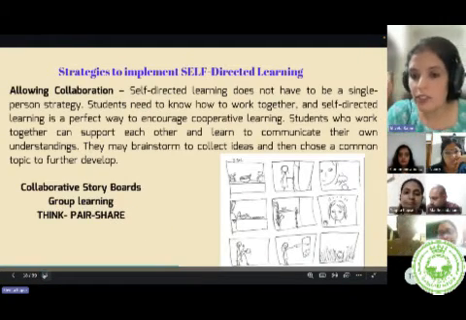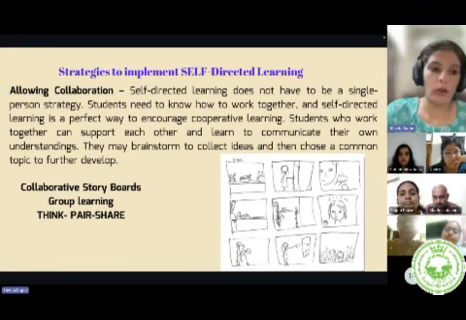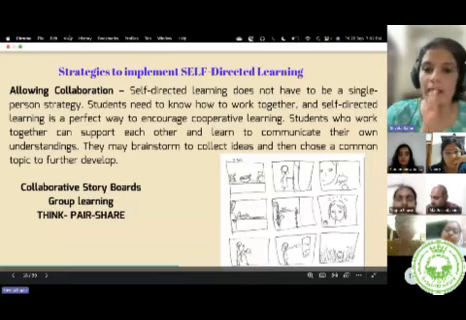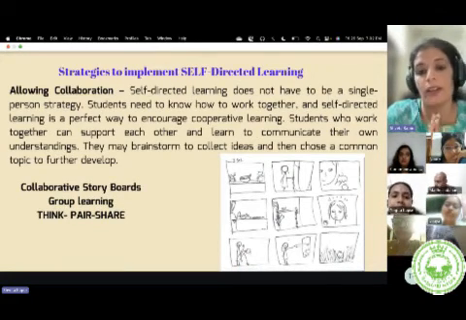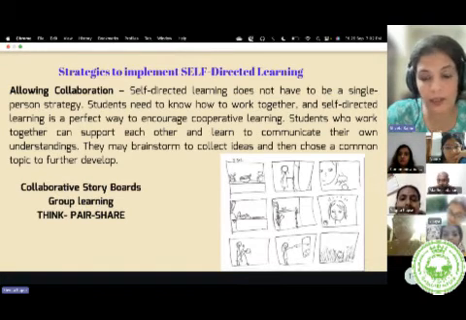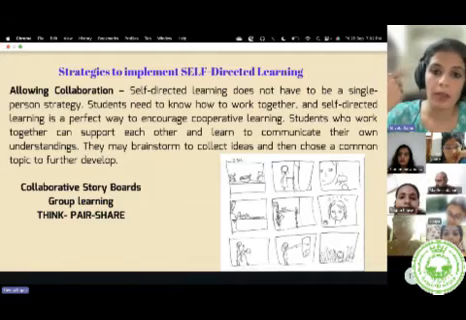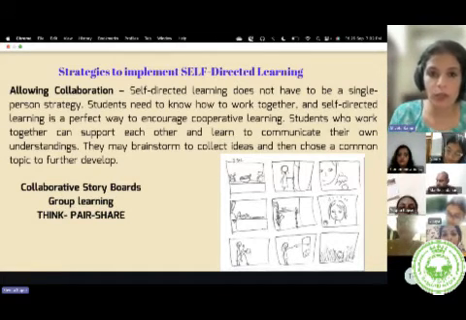Another is allowing collaboration. Like somebody spoke about think, pair, share, and group learning are also brilliant ways. But still, how to learn is what the facilitator needs to bring into the class. Maybe through guiding questions, maybe through certain resources and engagement, a storyboard.